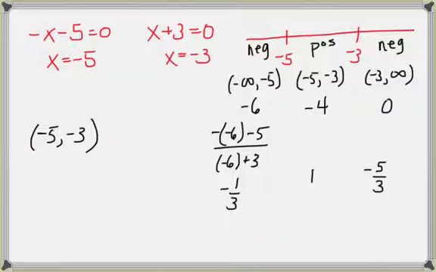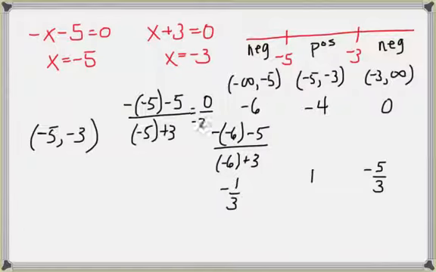So if I take negative 5 and plug it into that original again, I end up with an answer of 0 over negative 2, which is 0. So actually, I want to change this, and let's go ahead and erase this and make it a square bracket. Same thing with negative 3.